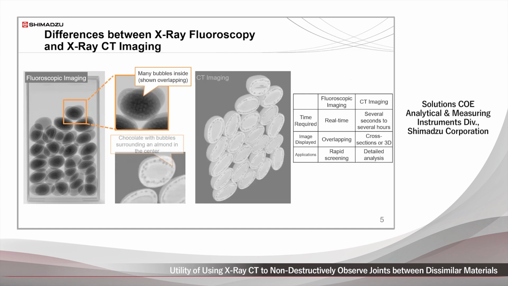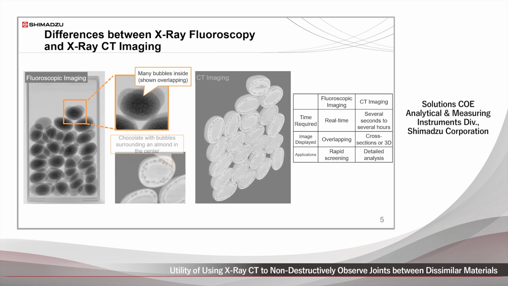The fluoroscopic image on the left is brighter where X-rays pass more easily through areas that are thinner or have lower density, and darker where X-rays have more difficulty passing through areas that are thicker or have higher density. The enlargement of the fluoroscopic image shown in the upper center area shows a larger number of white spots inside the chocolate. Those are from air bubbles contained in the chocolate.